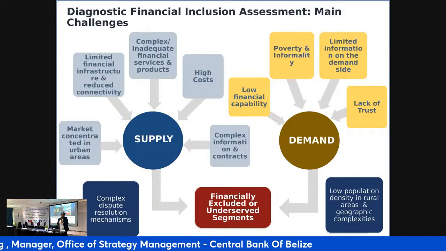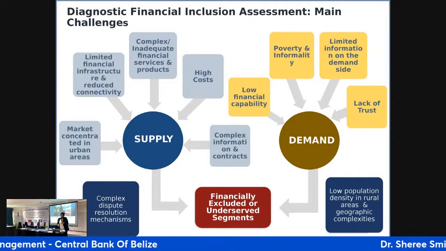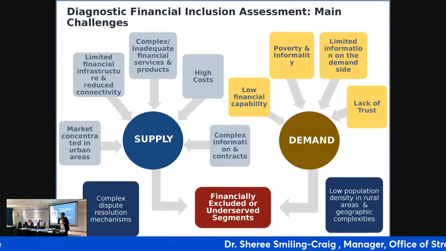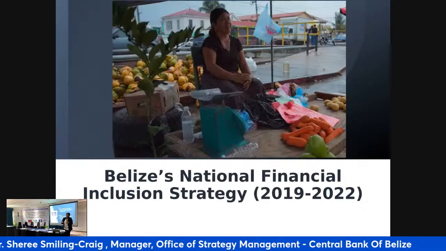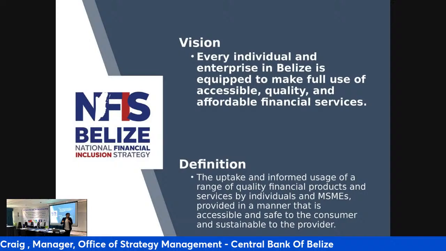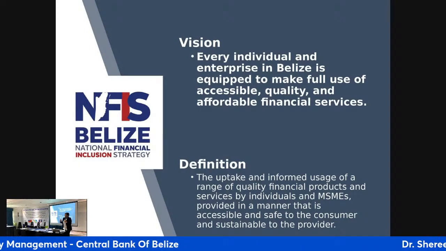So let's look a little bit deeper into our financial inclusion strategy, which was started in 2019. Our vision for our country. And as I said, we had 45 different stakeholders that came together and we agreed, this is our vision for our country.